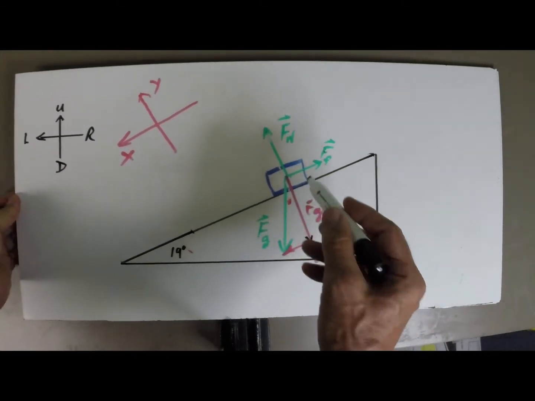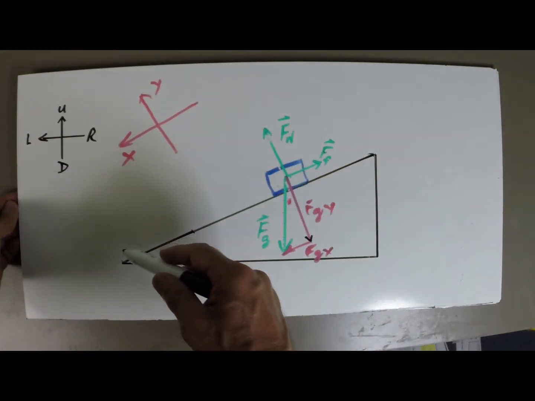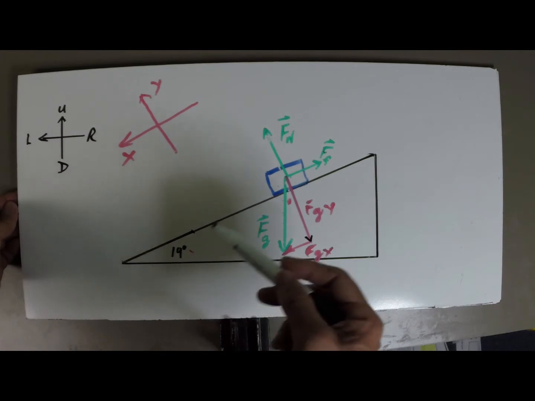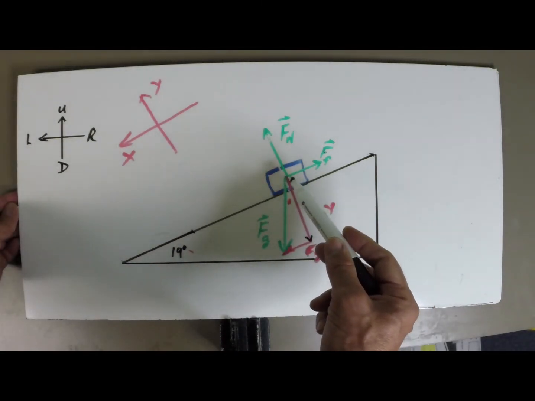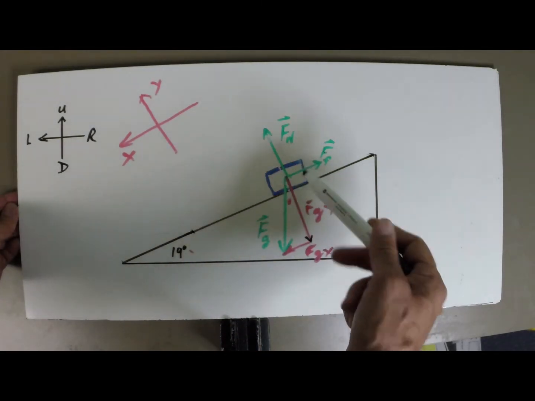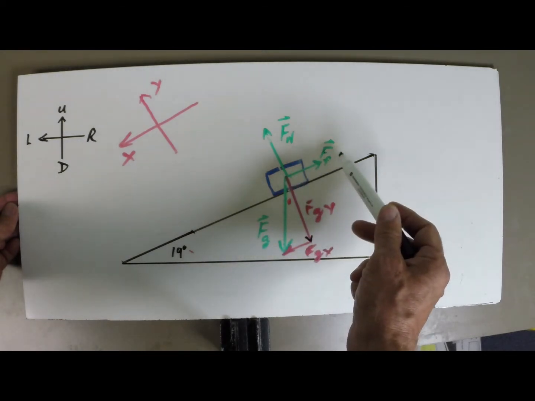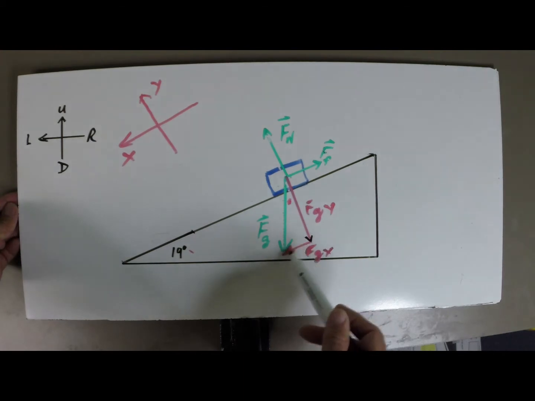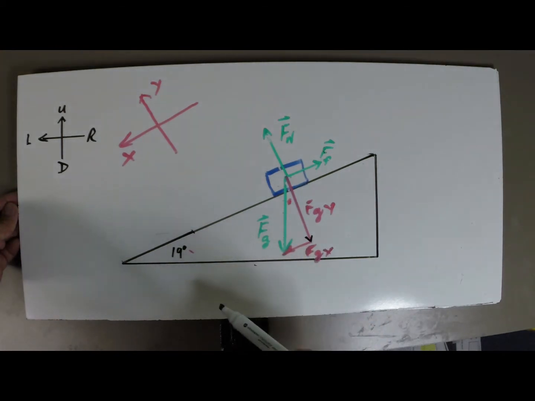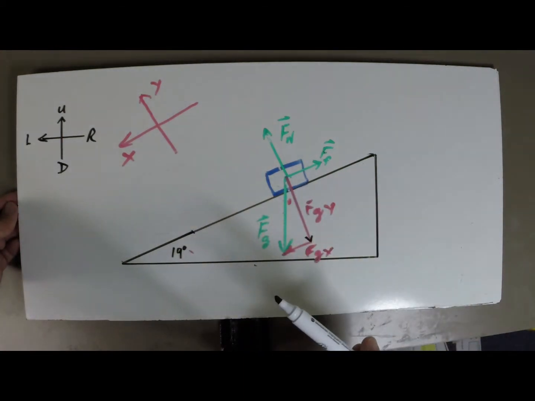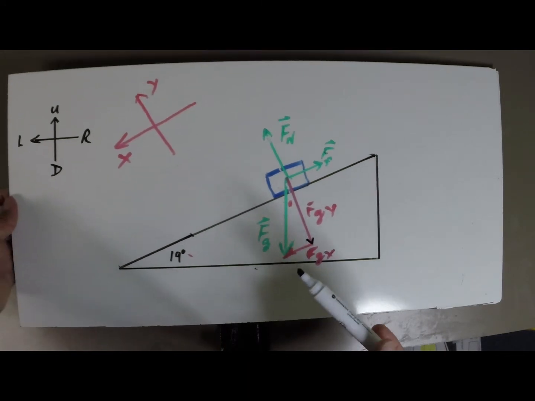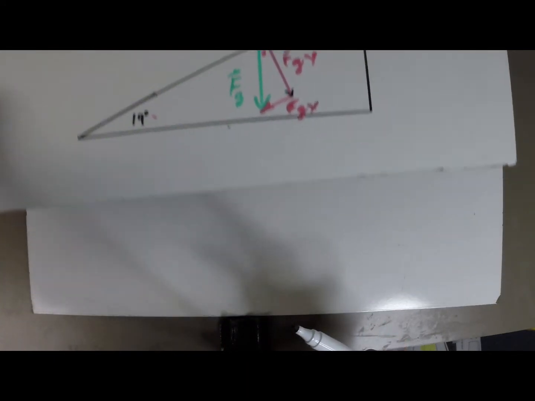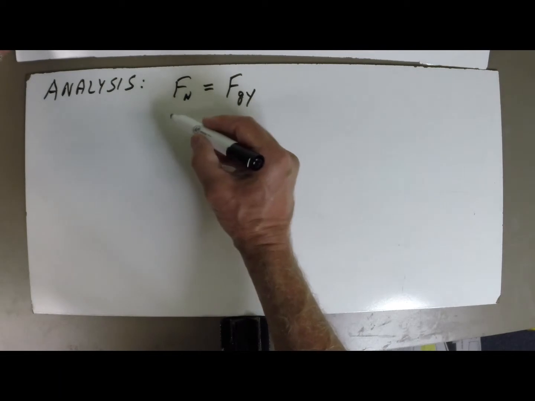In the x direction, we do expect an acceleration. The two forces acting along the slope itself in the x direction are the friction, acting in the negative x direction, and the x component of gravity, Fgx, going in the positive x direction. So those will not add up to 0, they will add up to the net force.